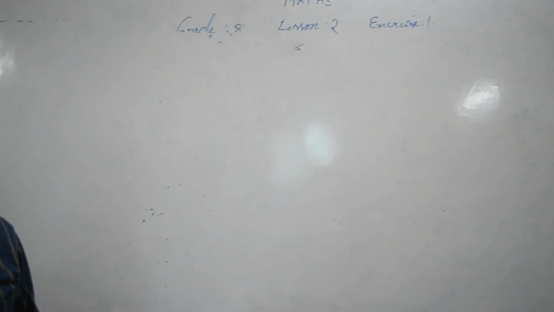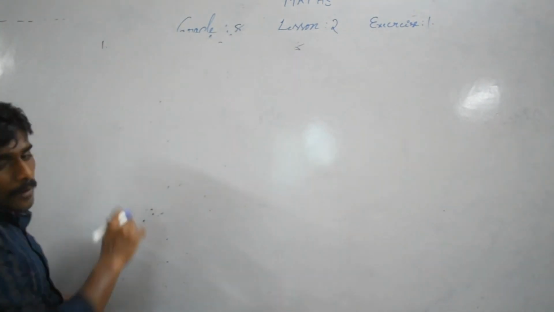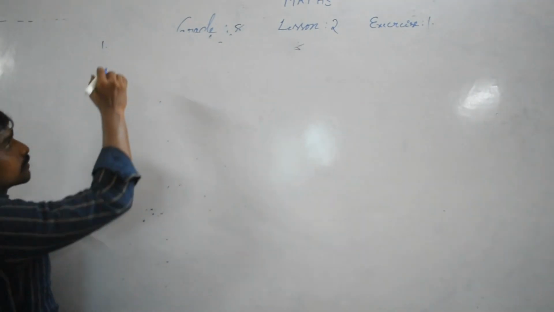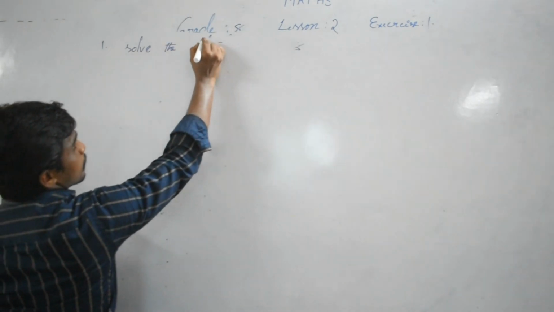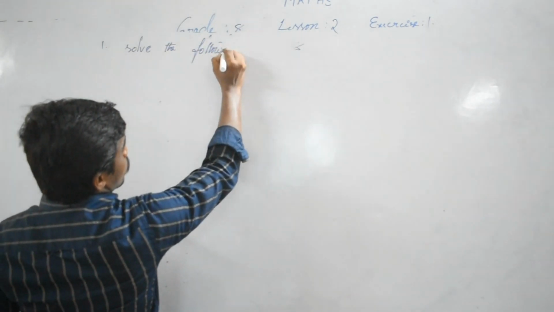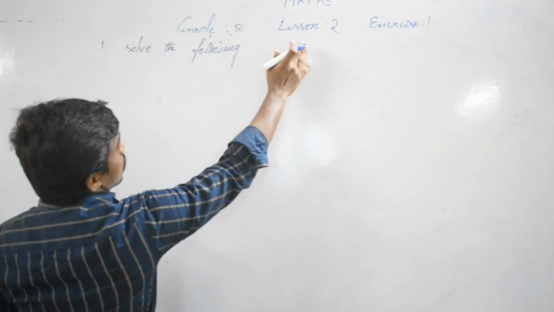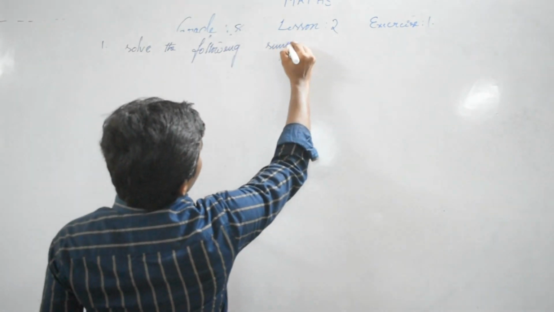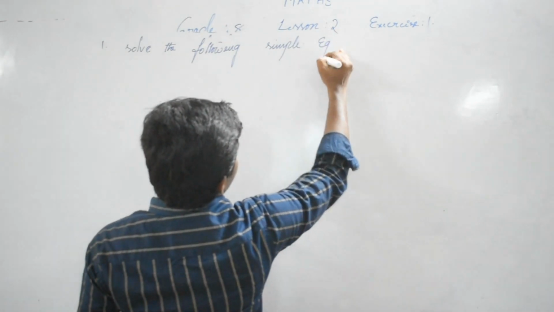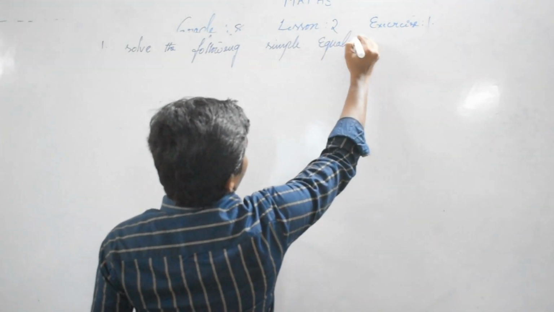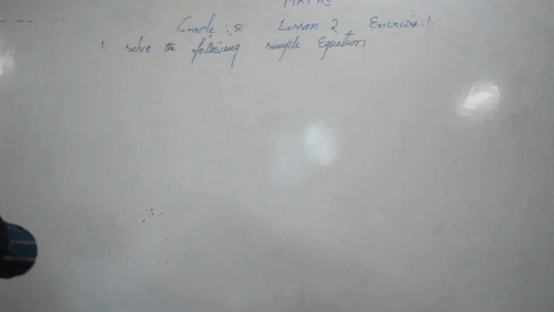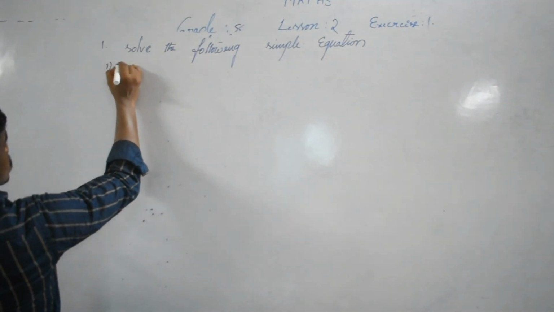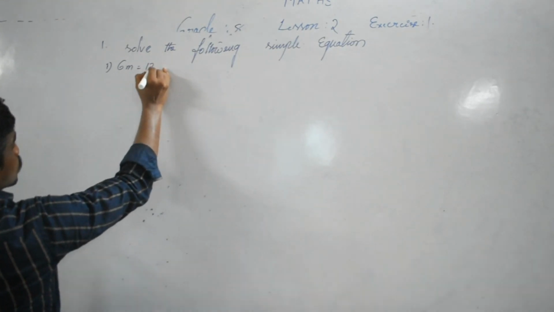So here, exercise 2.1, first problem: solve the following simple equation. Here 6m is equal to 12.